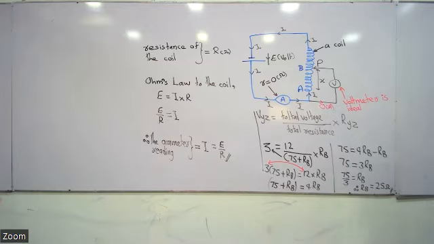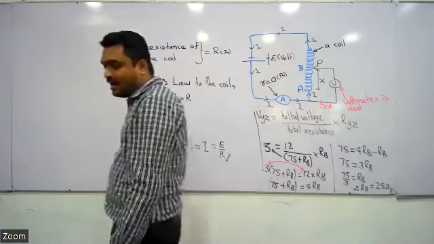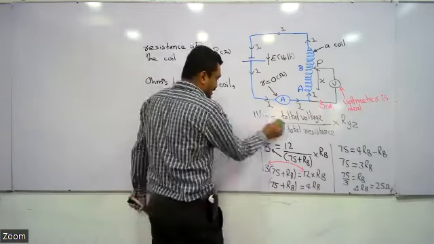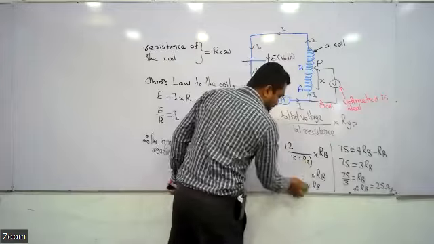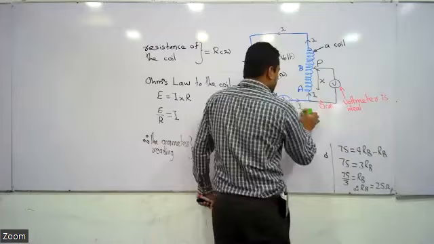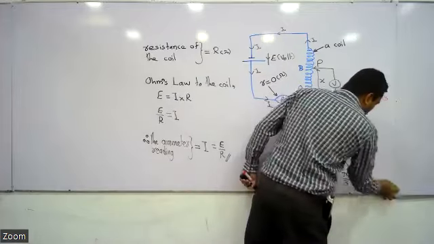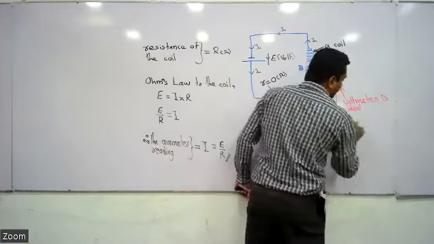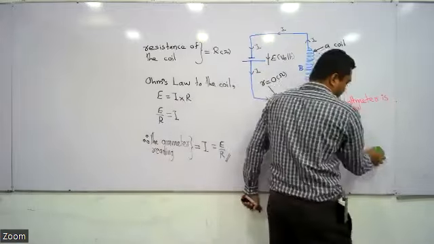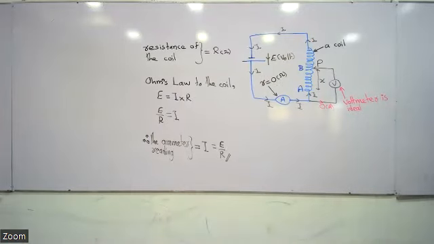Start a point and write. Both capital E and capital R are constants. Therefore, the current in the circuit should be constant.